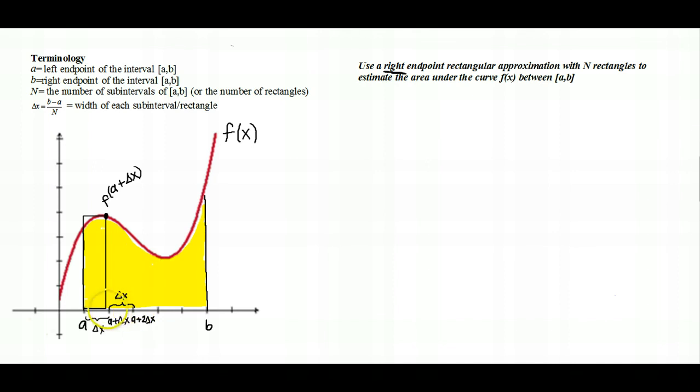Now over this next little width, because I'm doing a right endpoint approximation, over each little width I'm going to go to the rightmost point and go up to the function, and that point is going to define my height. So now let's construct that rectangle. It's going to have a base between A plus delta x and A plus 2 delta x. And that's going to be the height of my next rectangle.